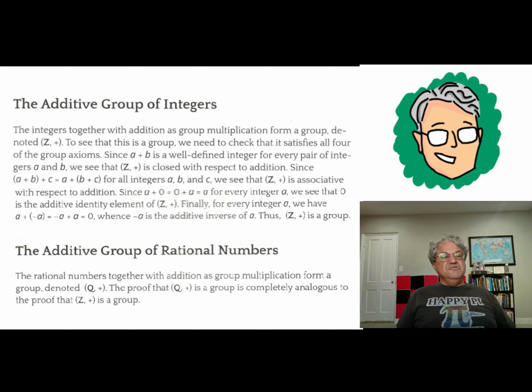So yeah, 0 is still the additive identity element. What about inverse? Well, again, the inverse is just the negative. It doesn't matter what you're adding. You take any rational number r, say 3/5. The additive inverse of 3/5 is negative 3/5.